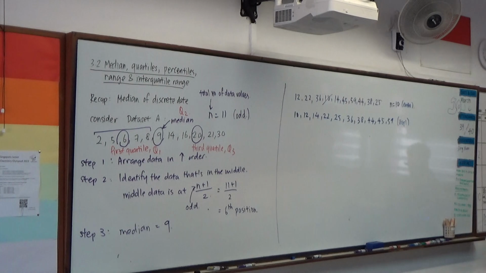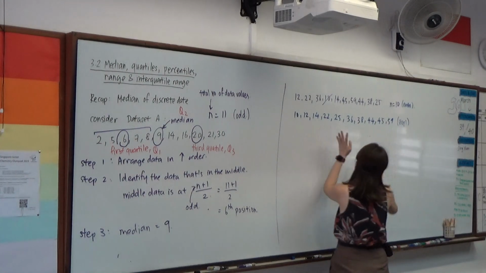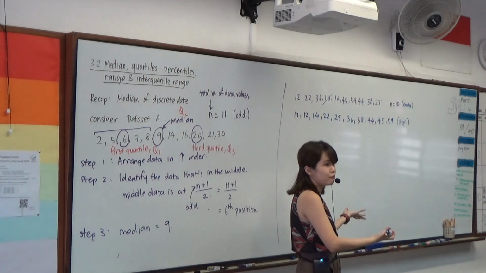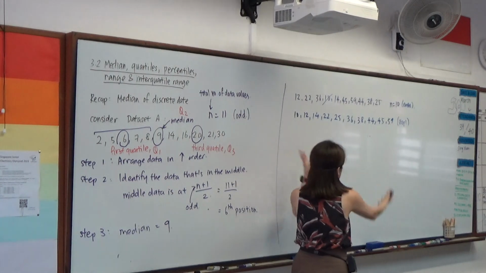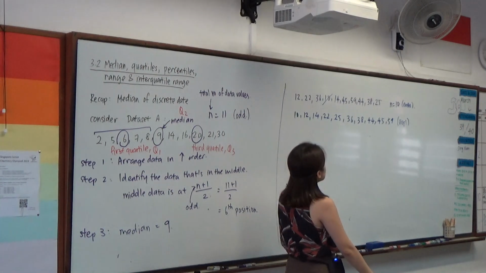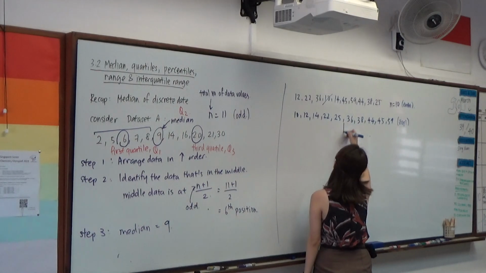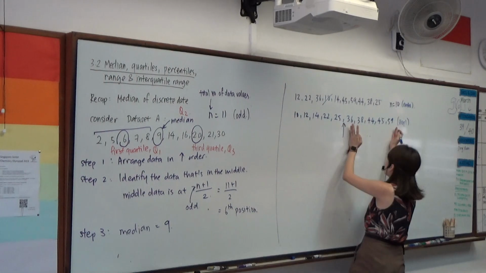Then how do we go about identifying the median and the quartiles? Now for even data values, there isn't exactly a middle value per se, and I cannot just give one more extra data value. I must keep this set of data that I've given. So for even data values, we can only divide it into 5 and 5.